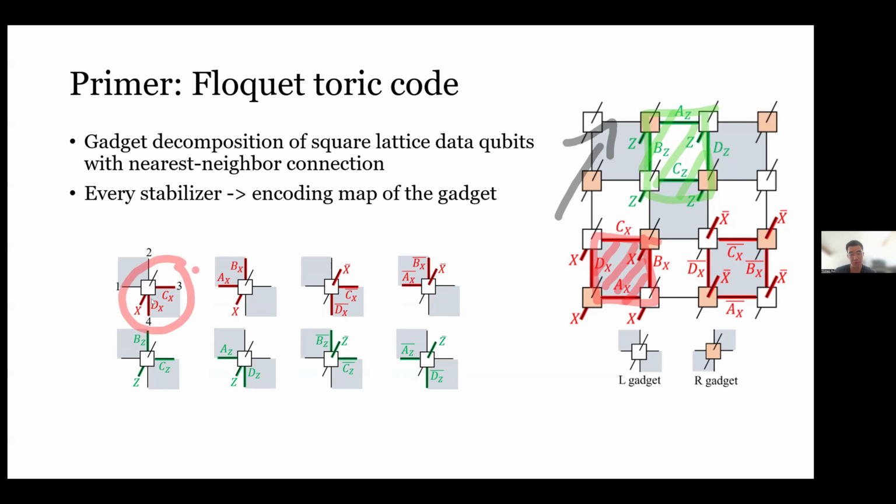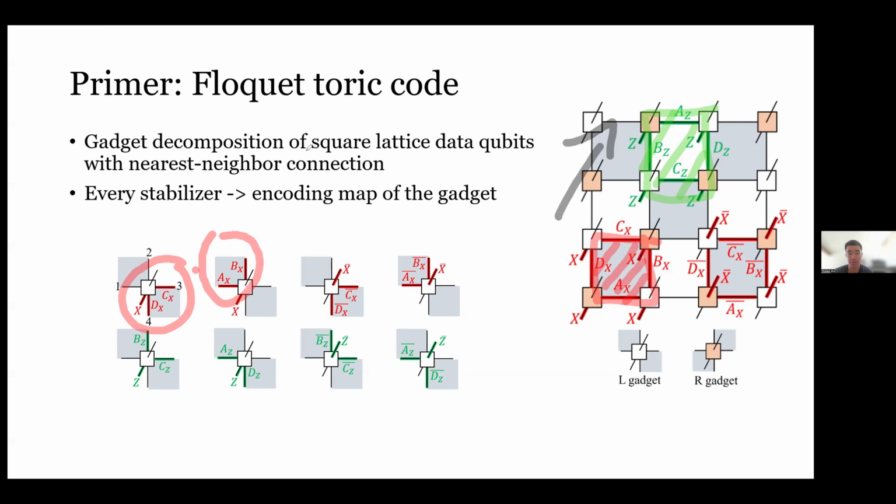So X is mapped to C and D. Similarly, since there is another X stabilizer on the top left of the gadget, it has to map to these two legs on the top left, which we mark as A and B. In total, each gadget is involved in 8 stabilizers, 4 incoming stabilizers and 4 outgoing stabilizers. So it should at least perform these maps.